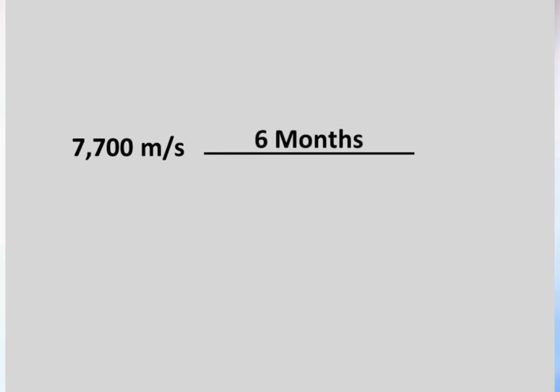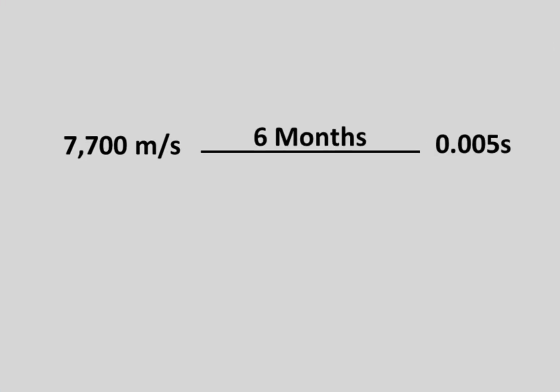They orbit the Earth with an object which moves at 7,700 meters per second for 6 months, and it was discovered that the astronaut on the object was 0.005 seconds younger than those on Earth. With a mathematical explanation of the experiment conducted by the International Space Station, a body orbiting the Earth at 7,700 meters per second for 6 months ages 0.005 seconds less than those on Earth.